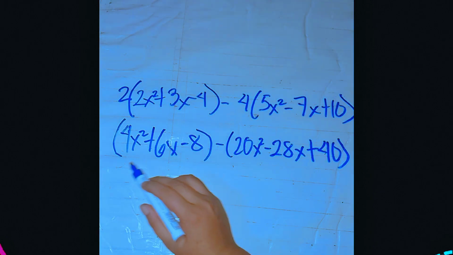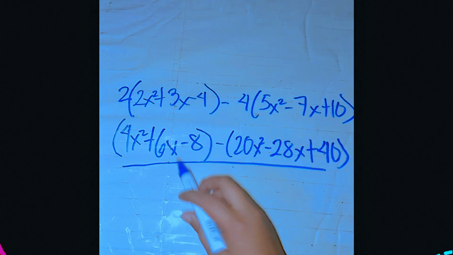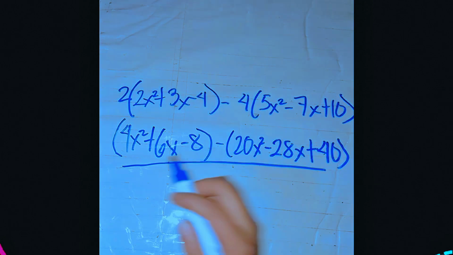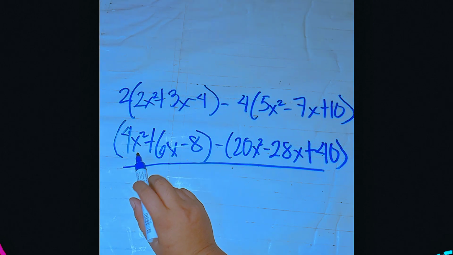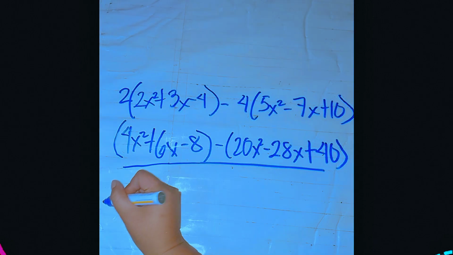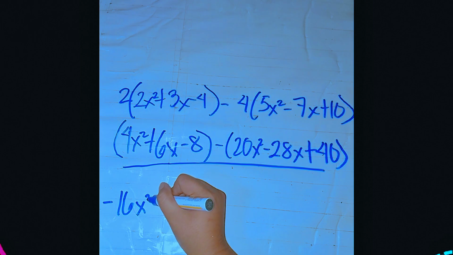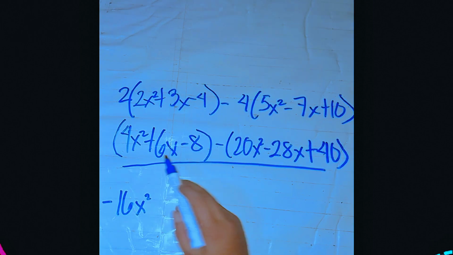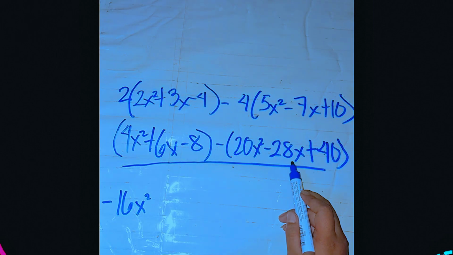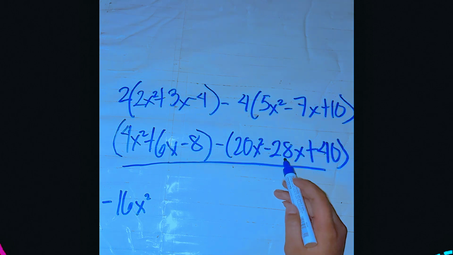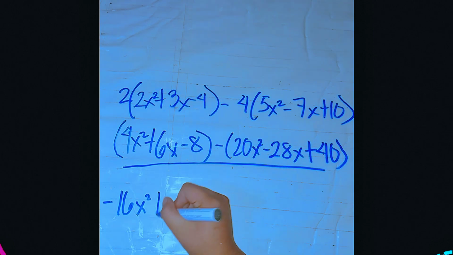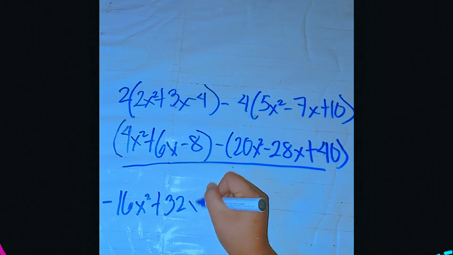Then from here, we will subtract these two polynomial expressions. 4x squared minus 20x squared is equal to negative 16x squared. 6x minus 28x, this will turn to positive, so we'll have positive 32x.